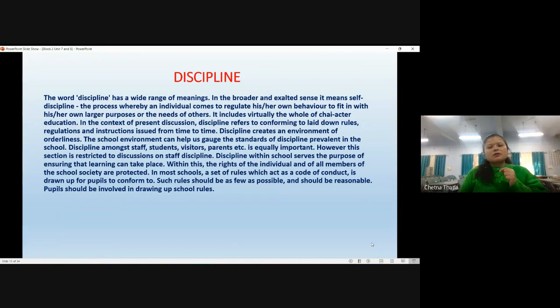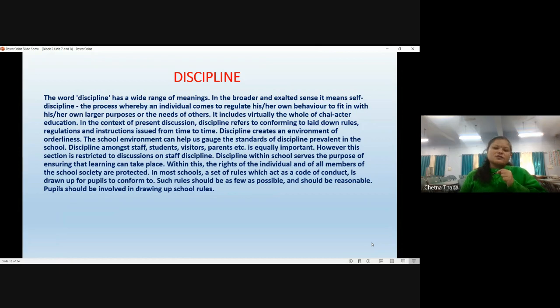Discipline is not always among the students. It is among the staff, the students, the visitors who visit the schools, and the parents are equally important. However, today we will be discussing only staff discipline, and within this, the rights of the individual and all the members of the school society are also protected.